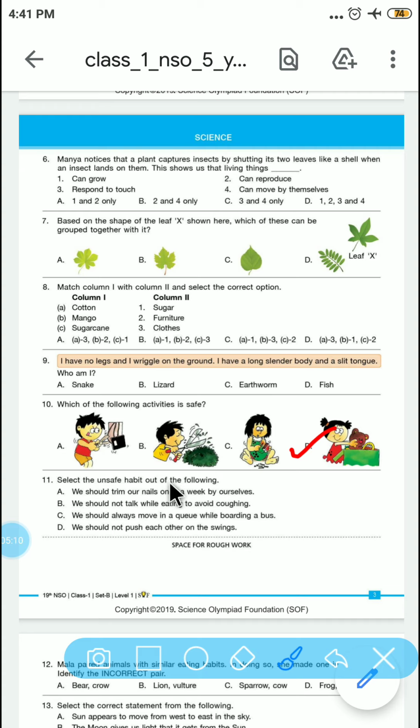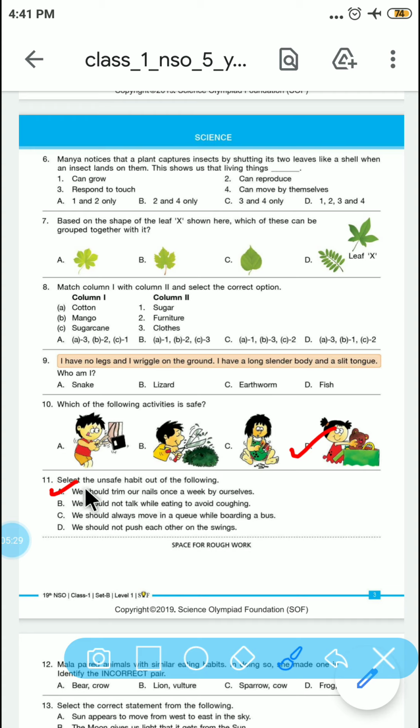Select the unsafe habit out of the following. We should trim our nails once a week by ourselves. Is it safe or unsafe? What is your opinion? So it is a good habit, okay, and it is safe also.